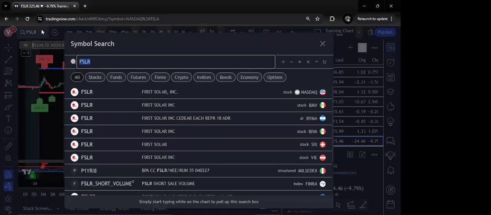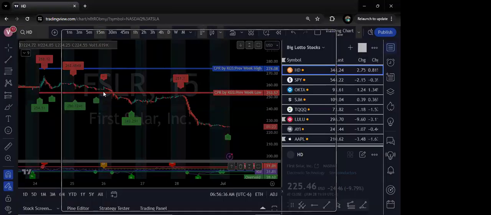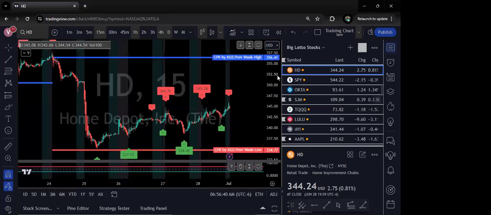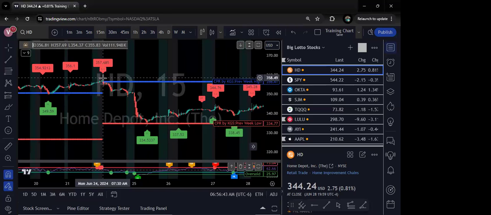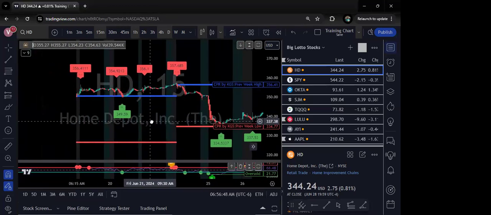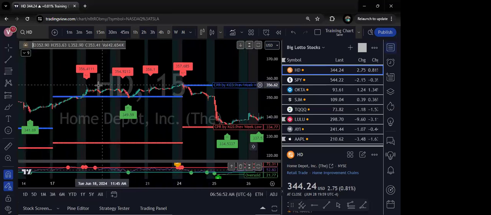HD, another one. This one happened right at the beginning of the week. It opened at the previous week high, slightly above it, but if you look backwards you see it had a triple top: 356, 356, 357.